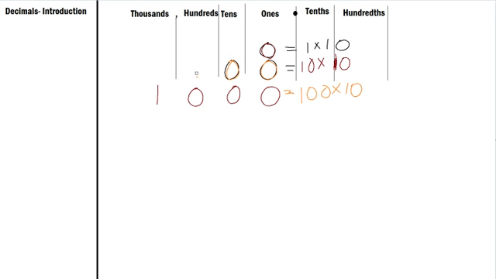I can do that with any digit. So let's do something different, like 8. If I put an 8 in the ones place, 8 times 10 equals 80.